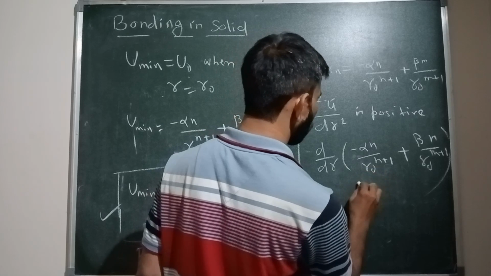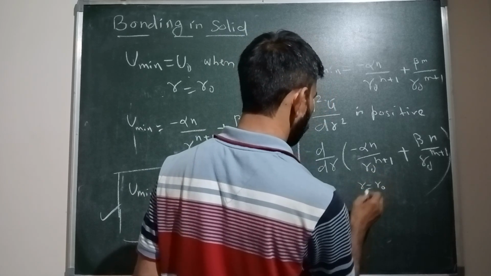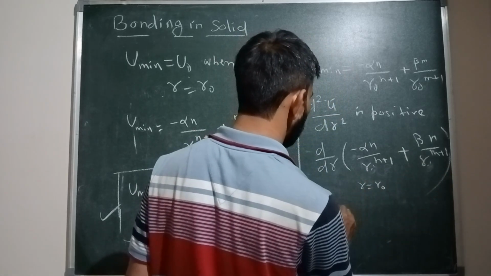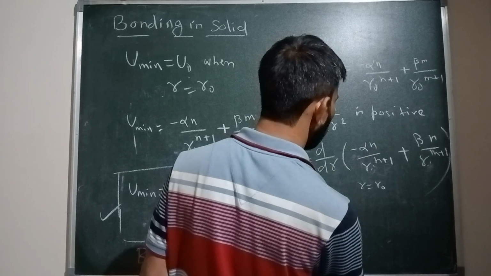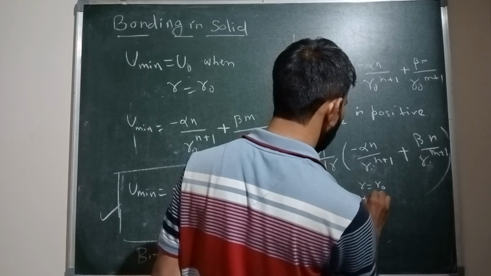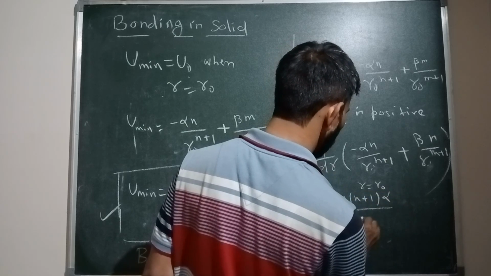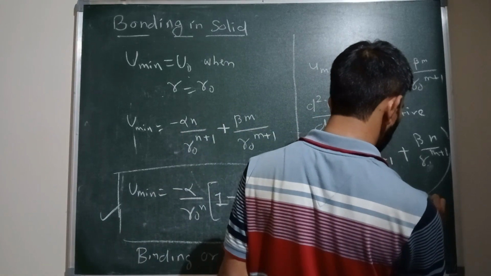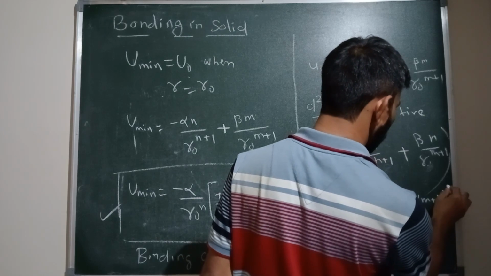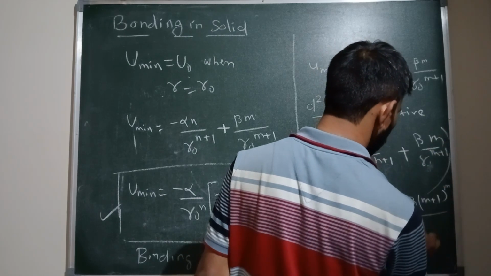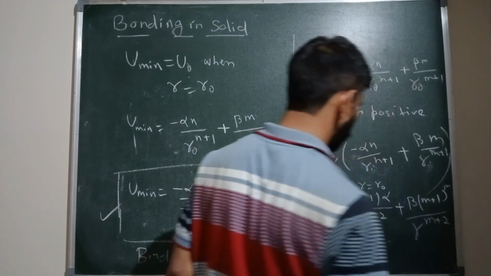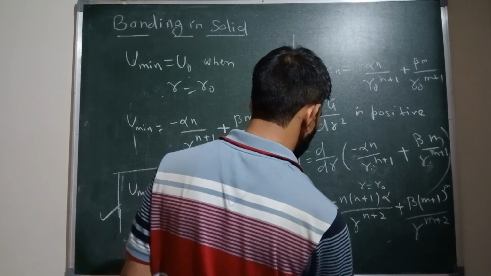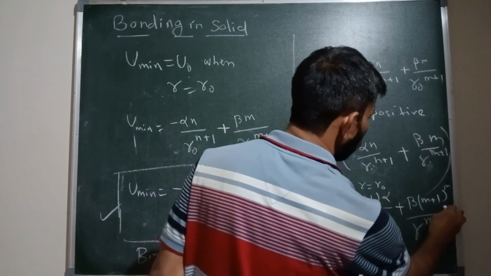Sometimes we consider R naught equal to only R. So again we differentiate with respect to R, and we get n plus 1 times alpha n upon R to the power n plus 2, minus beta m times m plus 1 upon R to the power m plus 2. So we put this equation equal to 0.